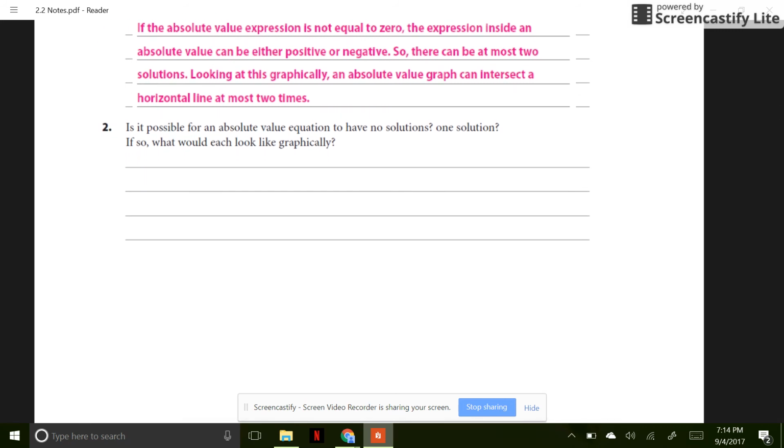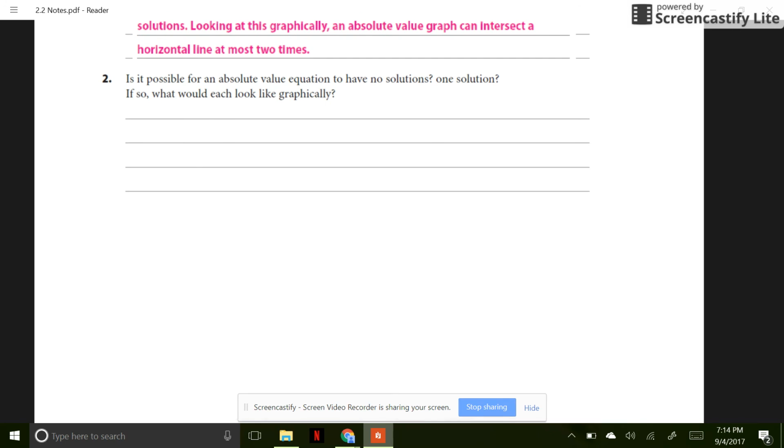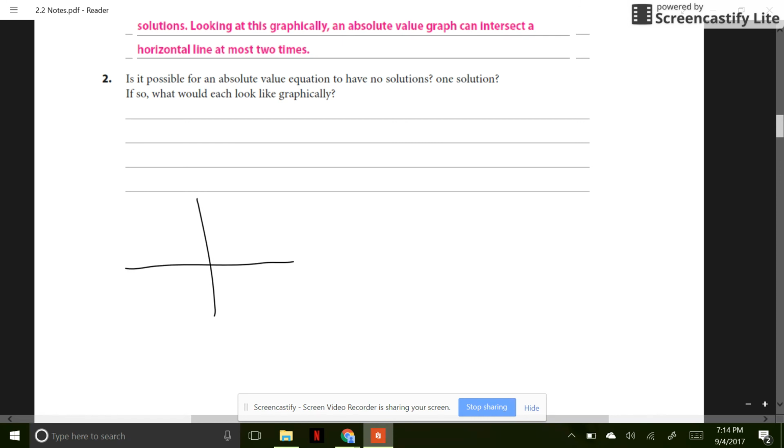So then what would it look like? Is it possible for an absolute value equation to have no solutions or one solution? It is possible. We're actually going to see those probably tomorrow. But if we think about it graphically, our absolute value equation looks like a V or an upside down V. If you have a horizontal line under the V where you're trying to see where they intersect, obviously you won't have an intersection.